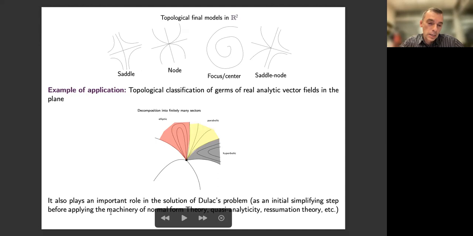Then you have to understand these models by the machinery of normal form theory, quasi-analyticity, resummation theory, and so on. So you have this initial simplification, which leads you to the simplest possible singularities that you can achieve by blowups, and then you have to use the hard analysis tools.